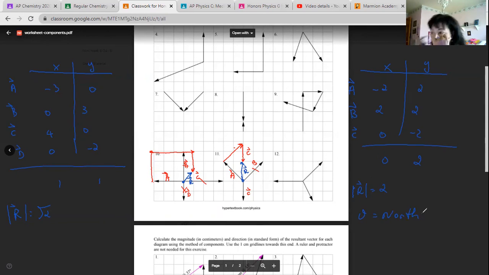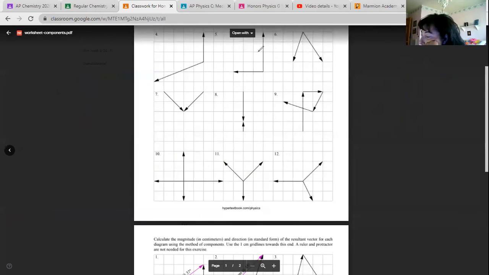Okay. And then the last one instead, so let's say this is A, B, and C. Let's say that we start from B. So X and Y. If we do it graphically first, B starts from the origin and ends here.